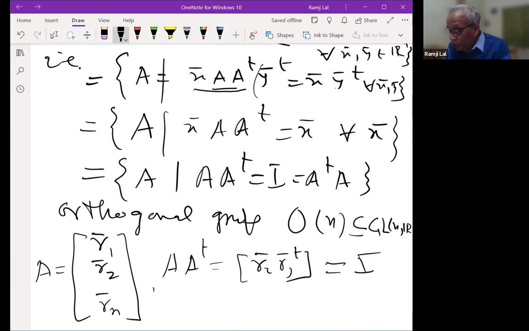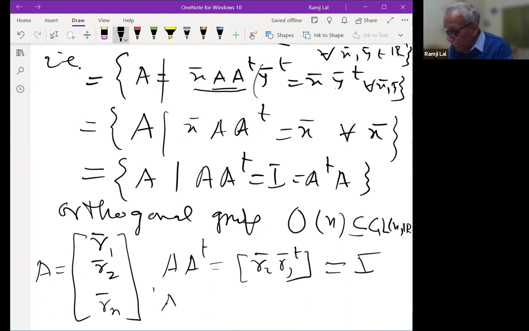Identity means the row vectors are an orthonormal set of vectors. They are orthogonal to each other, and they are unit vectors. So that is the criterion for A to be an orthogonal matrix. And the same holds for columns.